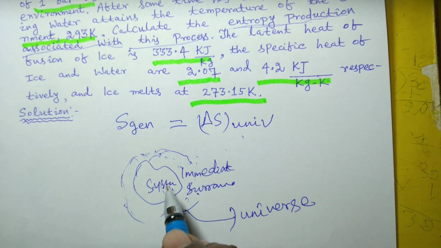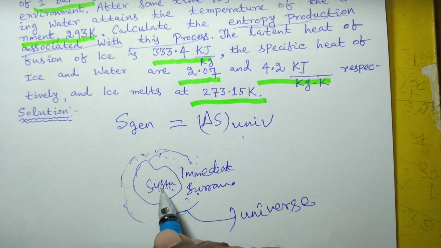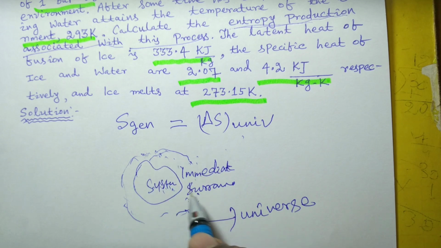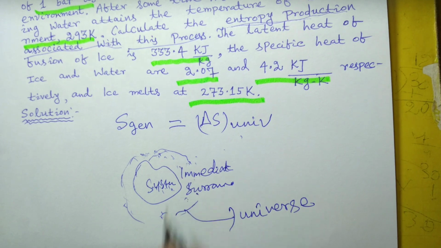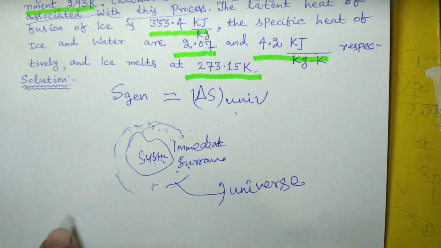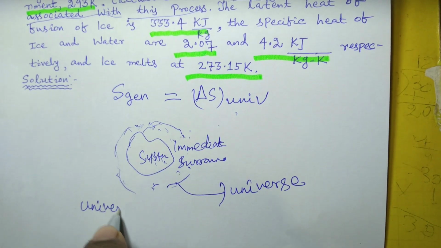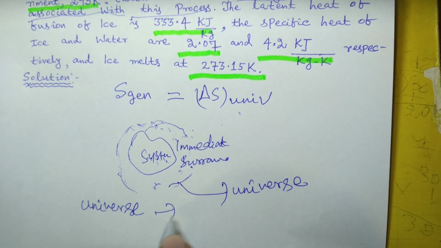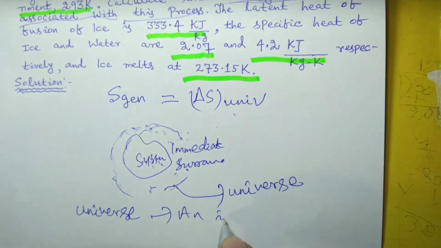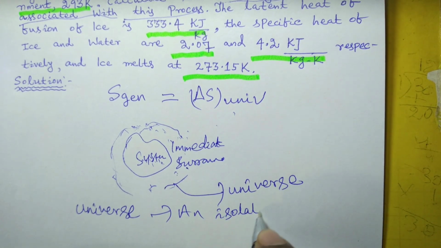So whatever process takes place, that is confined within this system and its immediate surrounding. So this can be considered as an isolated system. So universe is always an isolated system.